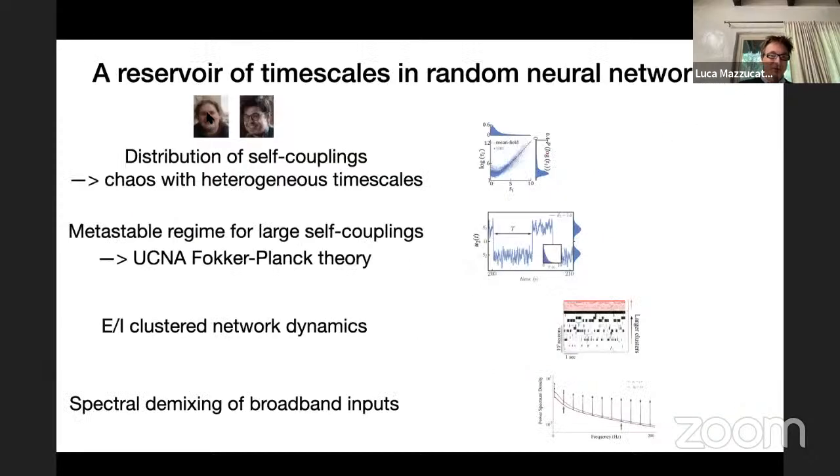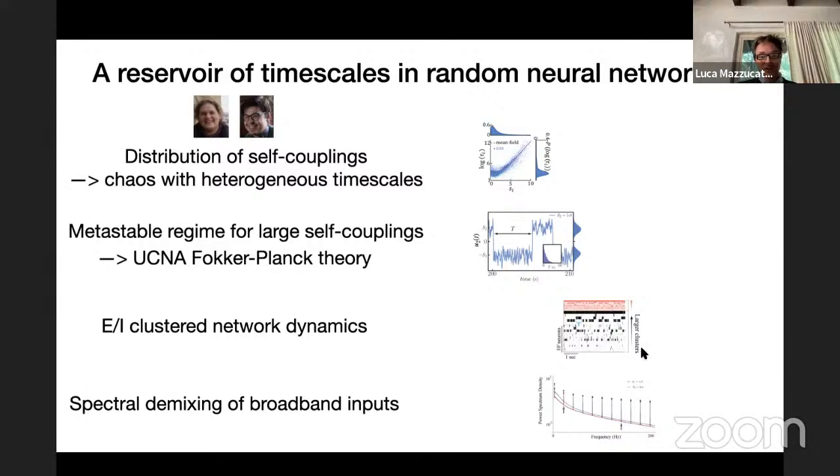Again, this is work by Merav and Niku. We have a distribution of self-couplings that generates chaos with a heterogeneous distribution of timescales across clusters. In this particular limit of large self-couplings, we recover a metastable regime that we can study with this correction to the Fokker-Planck theory.